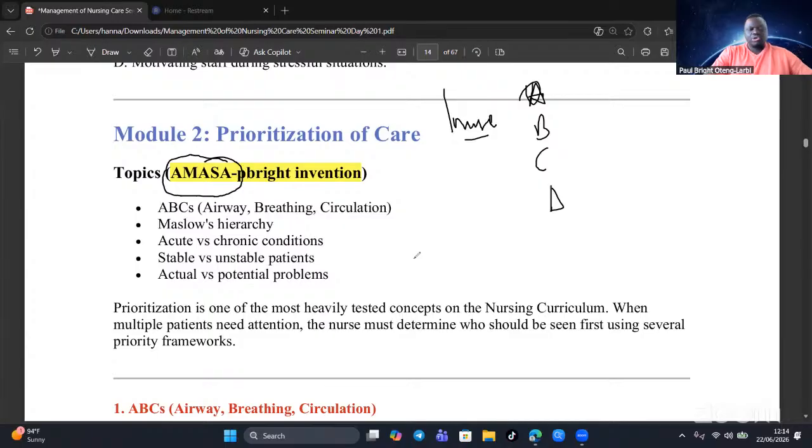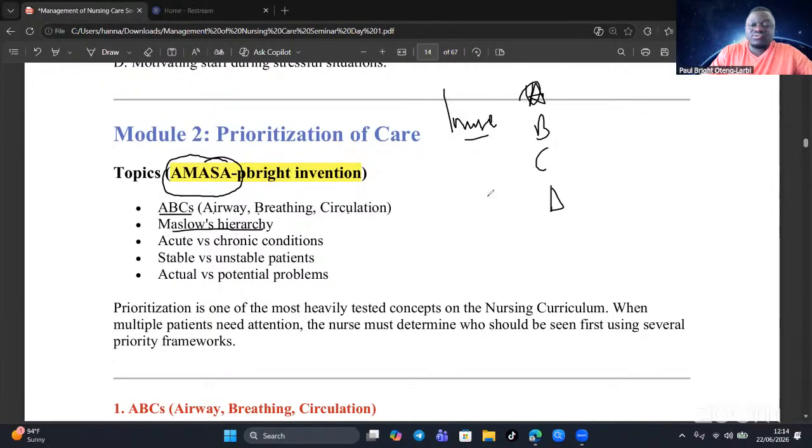Okay, the bundles. We have bundle A, that is the ABC bundle. That talks about airway, breathing, circulation. Bundle B, that talks about Maslow's hierarchy. Bundle C, that talks about acute or chronic conditions. Bundle D, that talks about stable versus unstable patients. And bundle E, that talks about actual versus potential problems.